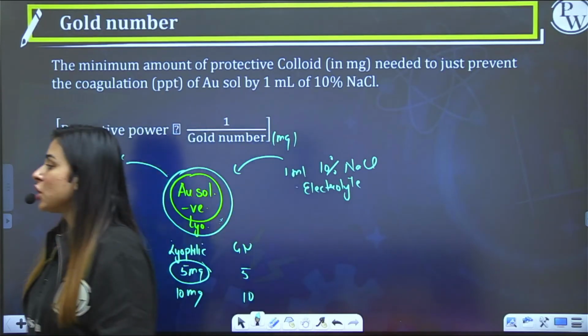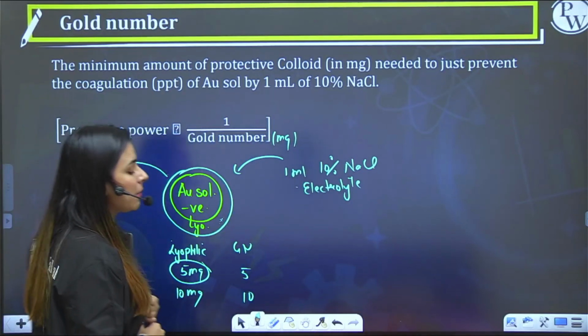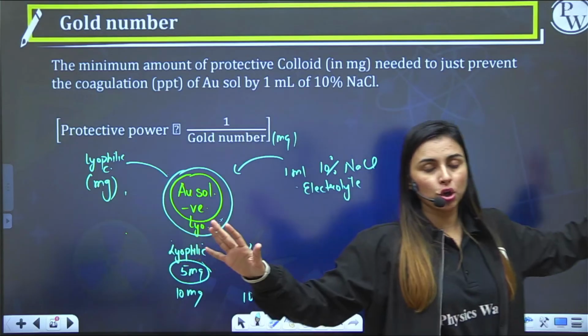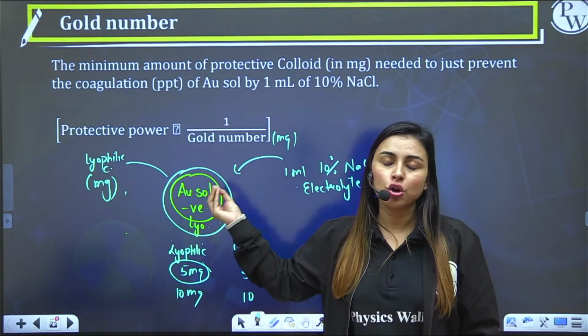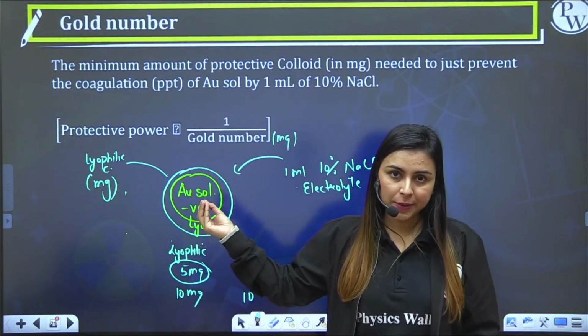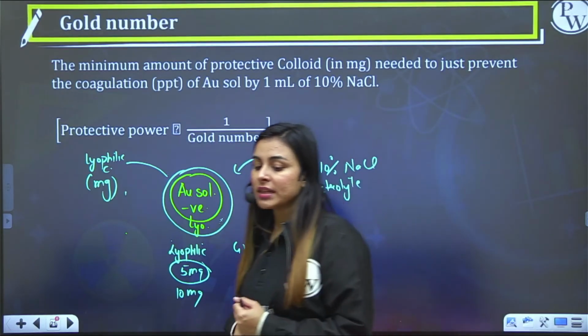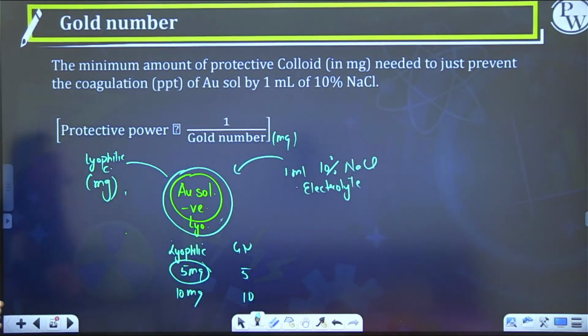So this is how you compare the gold number of different lyophilic colloids and decide which is the best protective colloid. Please write it down. Then we'll solve a few questions and you will have a better understanding of everything.